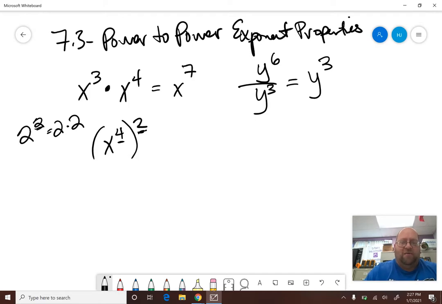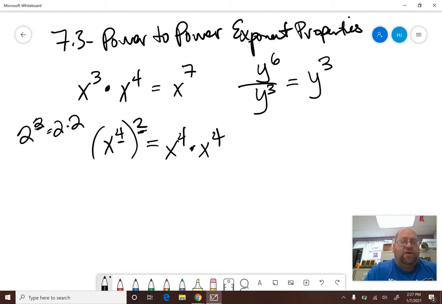And so let's think about what we have right here in this example. We have x to the fourth, and that entire quantity, you notice the parentheses, is being raised to the second power. So really what we have, it kind of goes back to this property that we saw before. We really have x to the fourth times x to the fourth, okay?